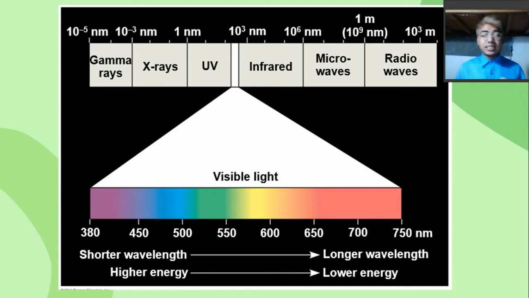Green light bounces off the surface of leaves and is perceived by our eyes, while the colors violet, blue, and even red and orange are being absorbed by the leaves. That is the basic reason why leaves are colored green.